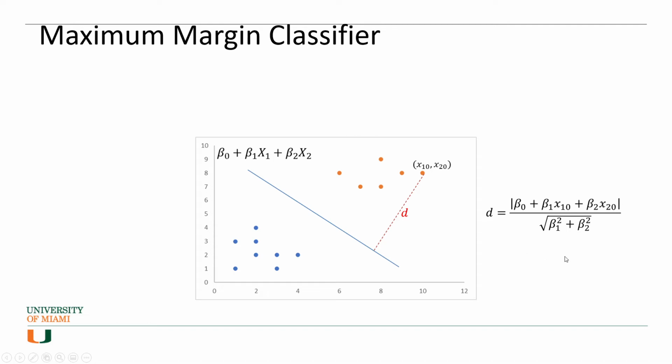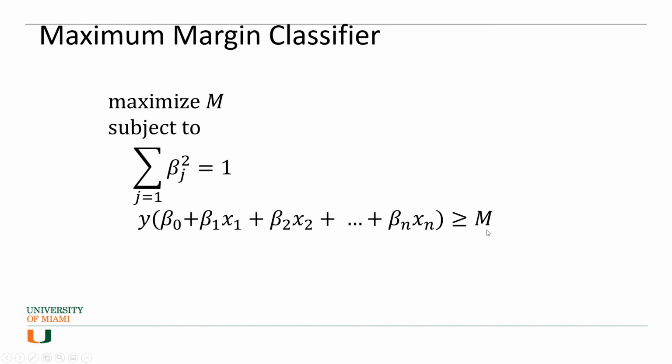All right. Now, if the sum of beta 1 square and beta 2 square is actually equal to 1, then you can remove it from the denominator and say that the distance is going to be beta 0 plus beta 1 x1 plus beta 2 x2, right? And that is basically what we have here. If this condition is true, if the sum of the beta squares is equal to 1, then you can go ahead and say that this is the formula for distance.